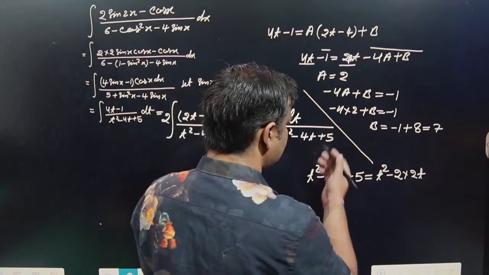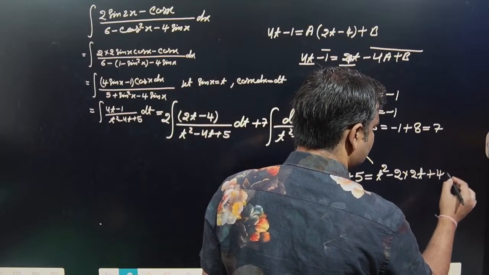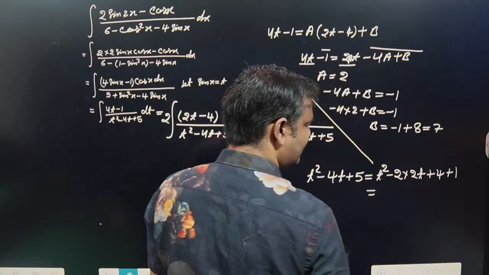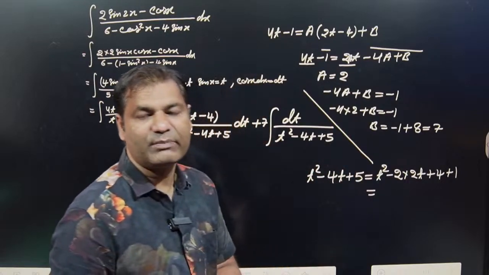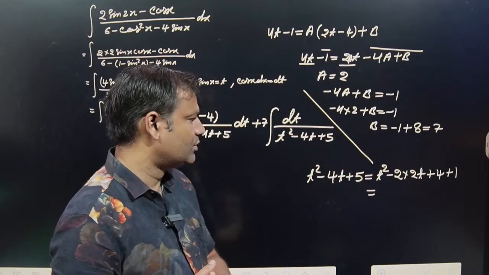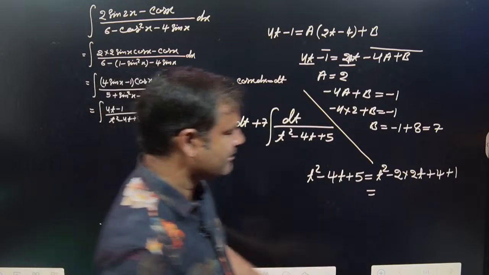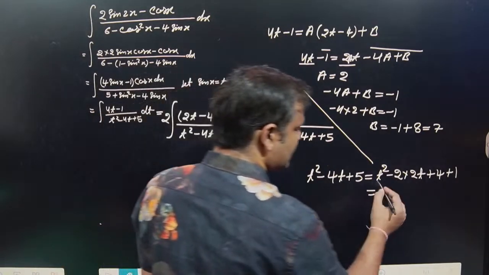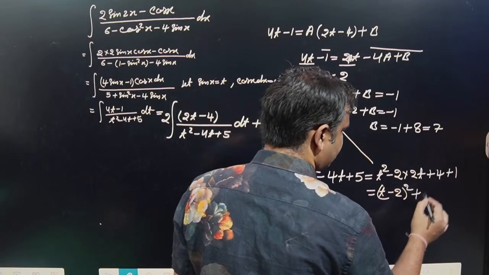Here 5 is already written, so 4 plus 1, not adding, not subtracting, because 5 is already given. So 5 is our requirement of 2 square, and 5 is also written as 2 square plus 1, so 4 plus 1. So that one is written as (t minus 2) square plus 1, a very simple question.